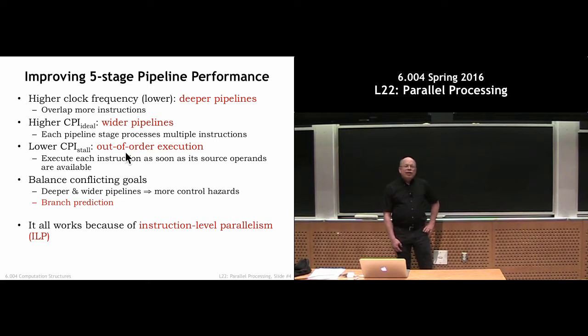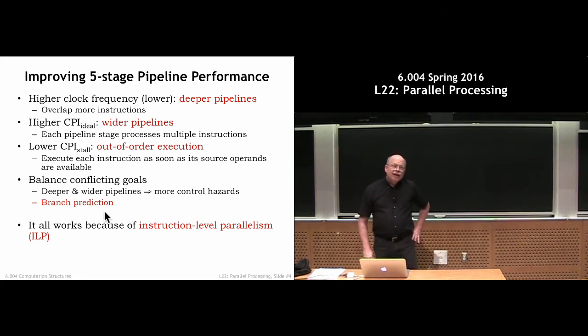Another solution to our problem, oh my goodness, I have to wait for that stupid load to get to the write-back stage, holding up all the processing, is that if we can identify instructions that can be executed, we can get started on them. Just because you've written your program in a certain order doesn't mean that the hardware might not be able to figure out how to rearrange the instructions in order to get better execution.